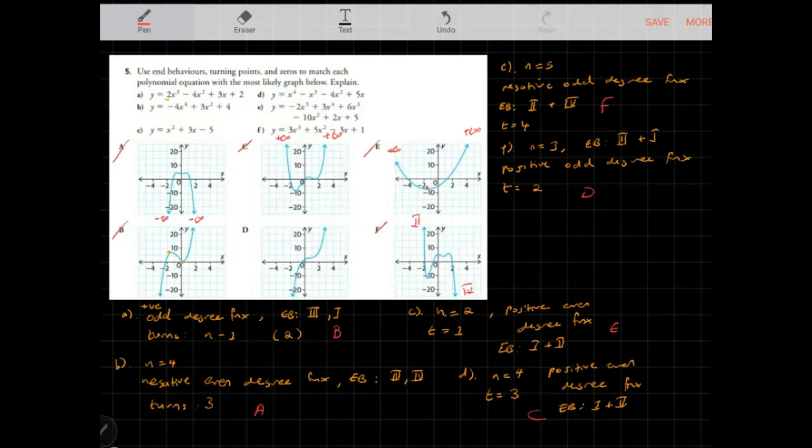And in this case, you can see that it's basically a positive odd degree function. And the way you can differentiate between D and B, right? You'd have to look at intercepts basically, right? So the only way to really look at it is through intercepts.